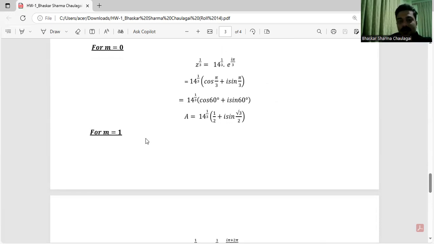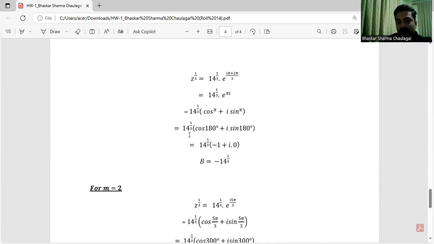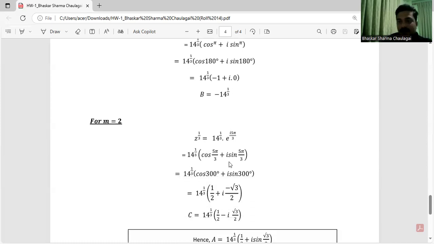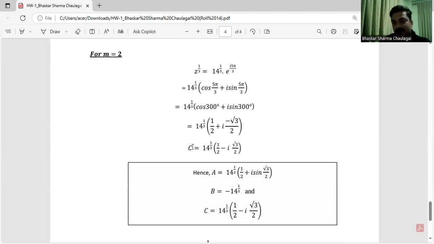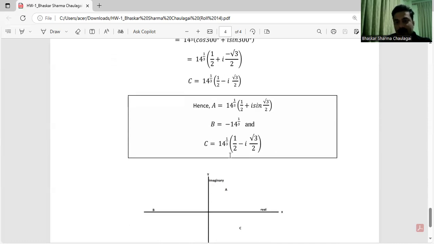Again, if we put m as 1, we get b, the second result of the same question, and b is equal to negative 14 to the power 1 by 3. Finally, we put m equal to 2, and the third answer that we get is c equal to 14 to the power 1 by 3 times half minus i square root of 3 divided by 2. So here we have computed three different results of the given question.